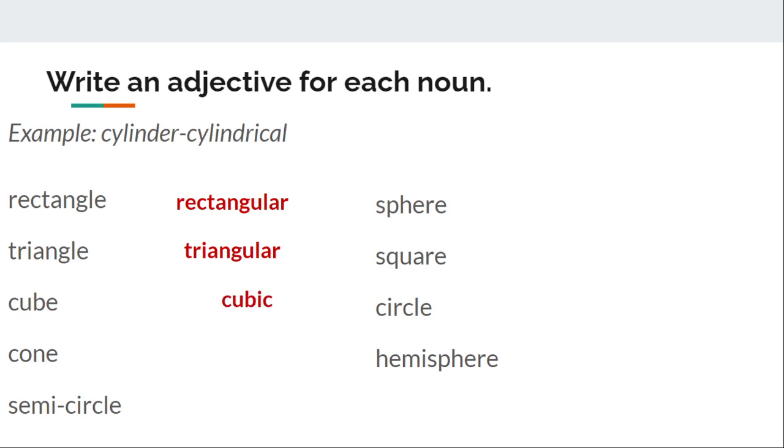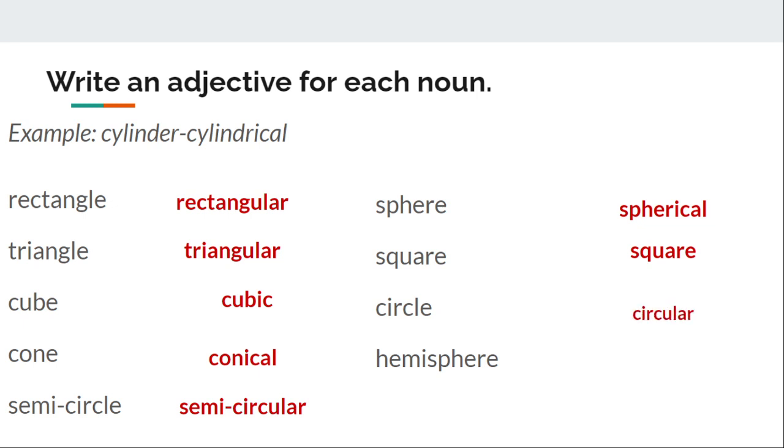Cone, the adjective is conical. Semicircle, the adjective is semicircular. Sphere, the adjective is spherical. Square, the adjective is square. Circle, the adjective is circular. Hemisphere, the adjective is hemispherical.